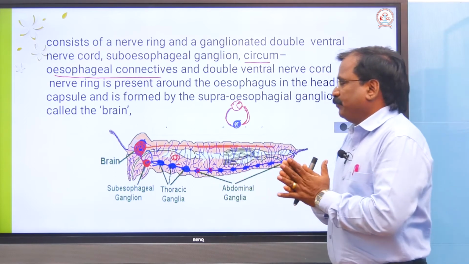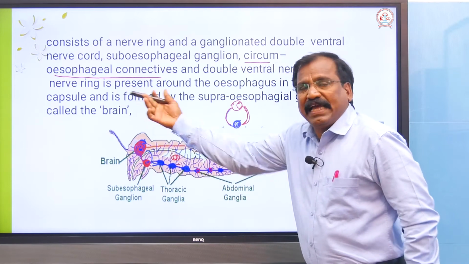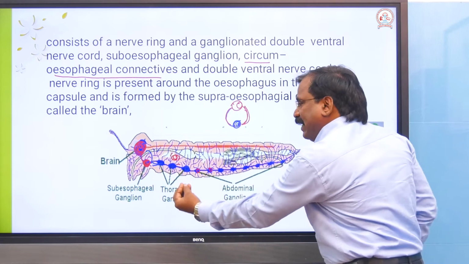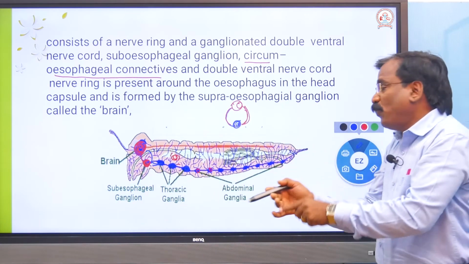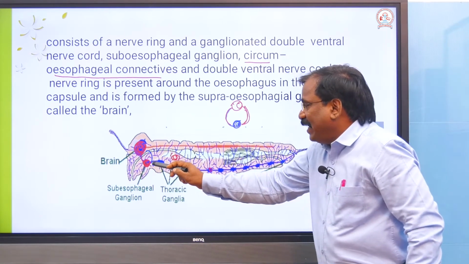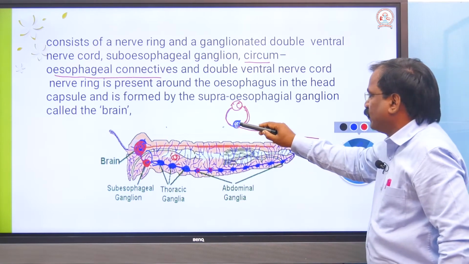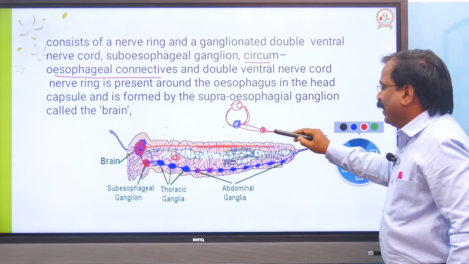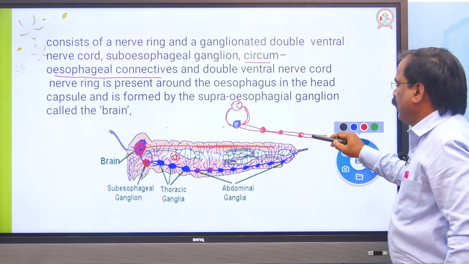The supraesophageal ganglion is called the brain, and the subesophageal ganglion is connected to it by the circumesophageal connectives. From the subesophageal ganglion the double ventral nerve cord arises and forms segmentally arranged ganglia.